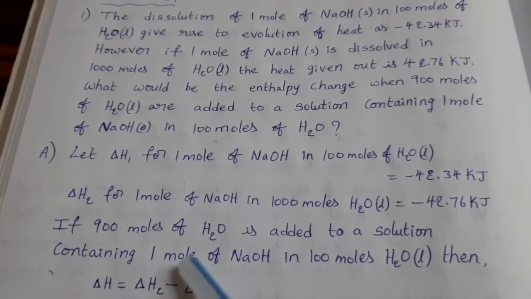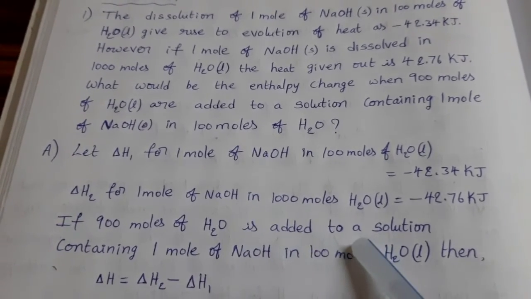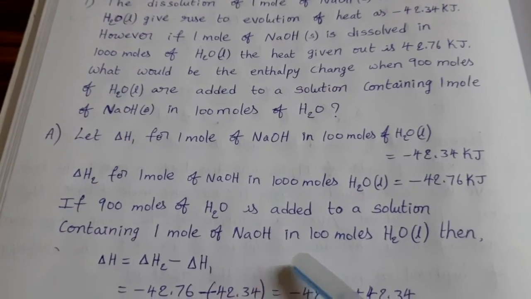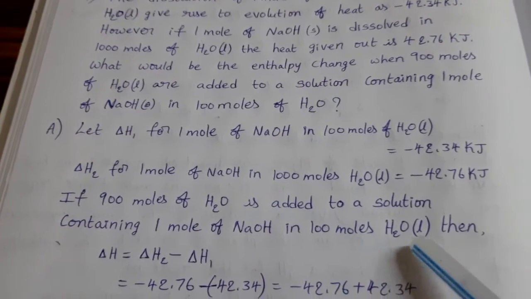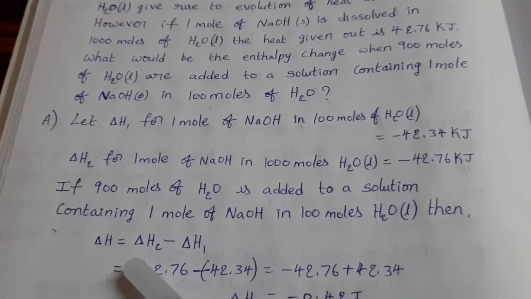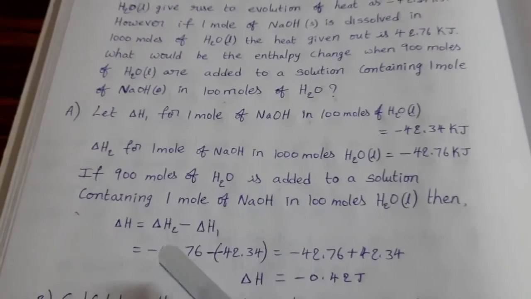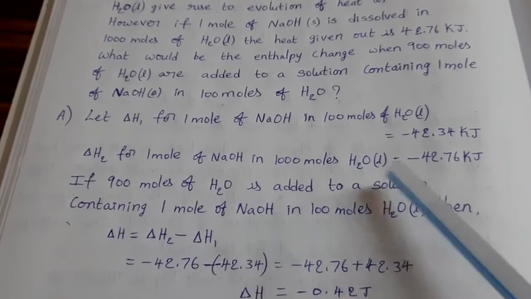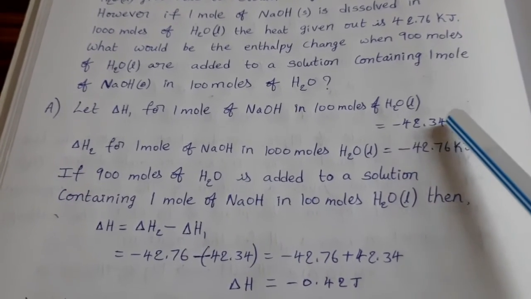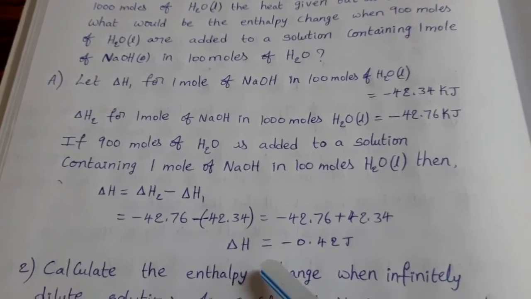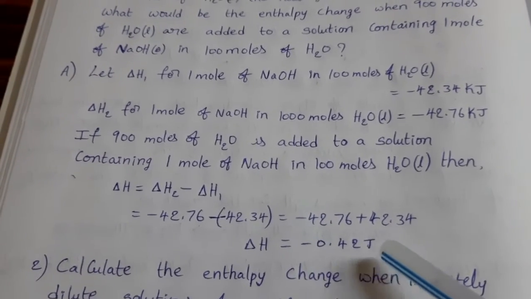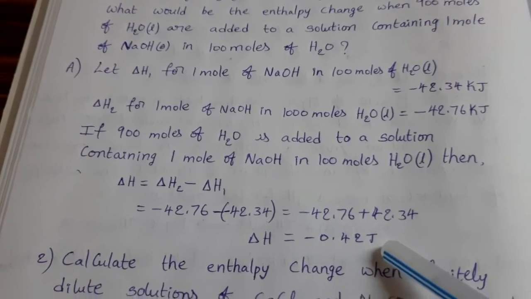Now 900 moles of H2O is added to a solution containing 1 mole of NaOH in 100 moles of H2O. Then delta H equals delta H2 minus delta H1. Delta H2 this one, delta H1 this. Substitute values, then we get minus 0.42 kilojoule. So this is the enthalpy of dilution.